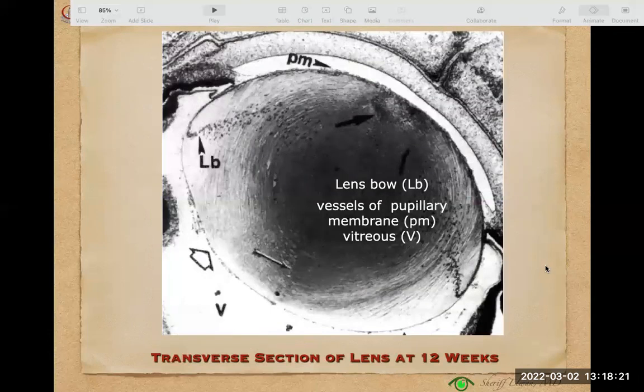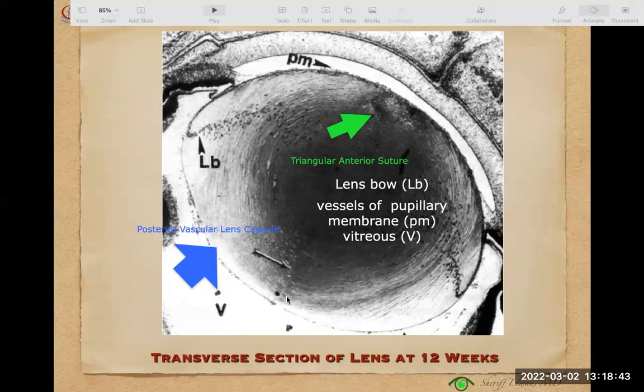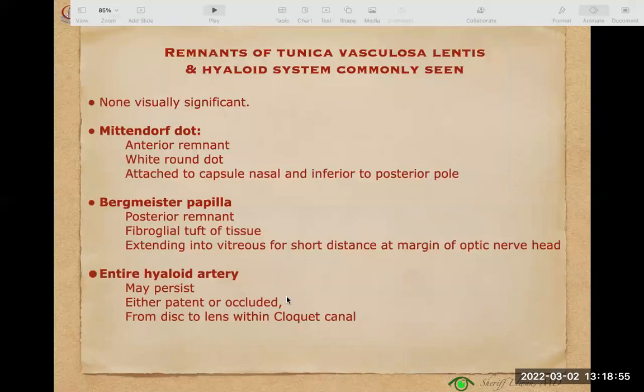Now, this is a transverse section of a developing lens at 12 weeks. And as you can see, it's globular in shape with vasculature around. This is the posterior vascular lens capsule. And this is the triangular anterior suture that develops to become an erect Y-shaped meeting points of the developing lens fibers to the inside, and this is the posterior suture.